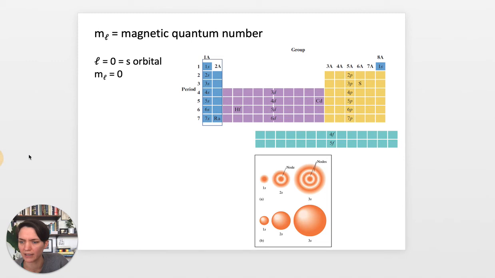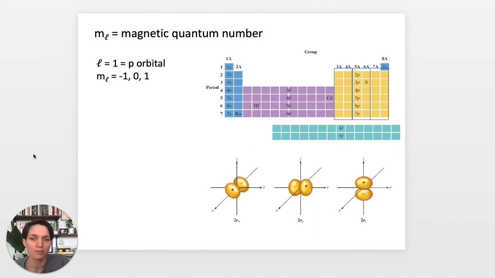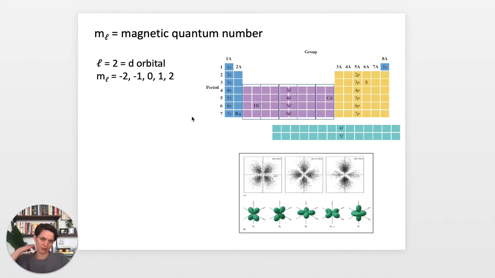It follows that you would be talking about a p orbital. So if L equals 1, we know that's a p orbital. Our M sub L is -1, 0, and 1. So what we're really identifying there is which one of these lobes are we in? X, Y, and Z. And then D, we have the same concept.